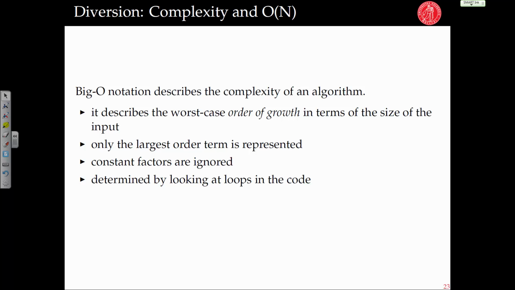Typically, when we work with big O notation, only the largest order matters. If you have a quadratic and a linear term, you would only care about the quadratic. Constant factors we just ignore. And you can more or less determine the complexity by just looking at the loops within the pseudocode.